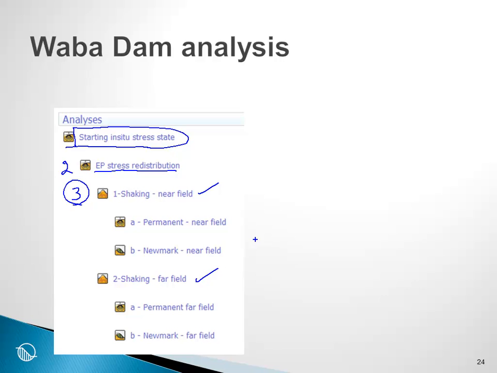Having done the quake analysis, we take the results into SIGMA, and once we have them in SIGMA, we can do an elastic plastic stress redistribution analysis at each one of the time steps during the earthquake and accumulate the plastic strain.